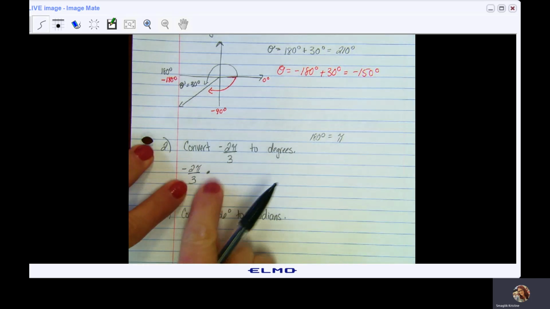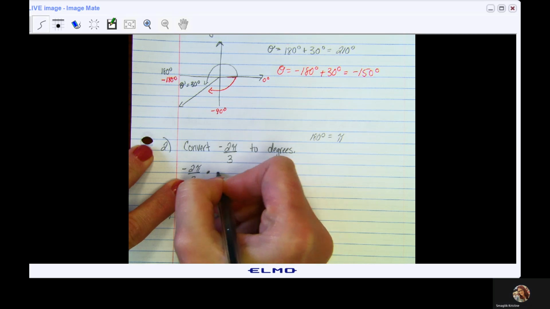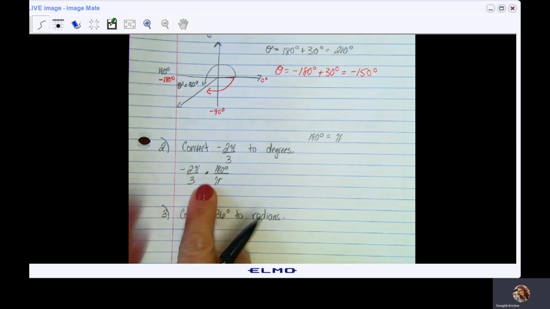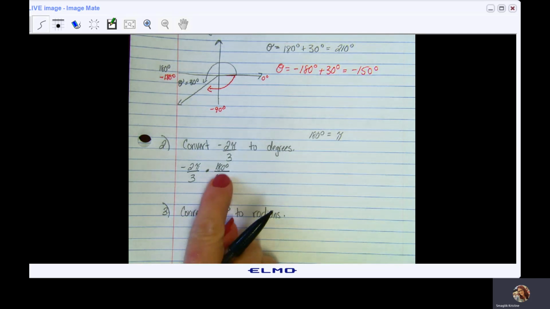So I want to get rid of the radians, so I'm going to put pi in the denominator and the degrees in the numerator. Whatever you're converting to, you want that one in the numerator.